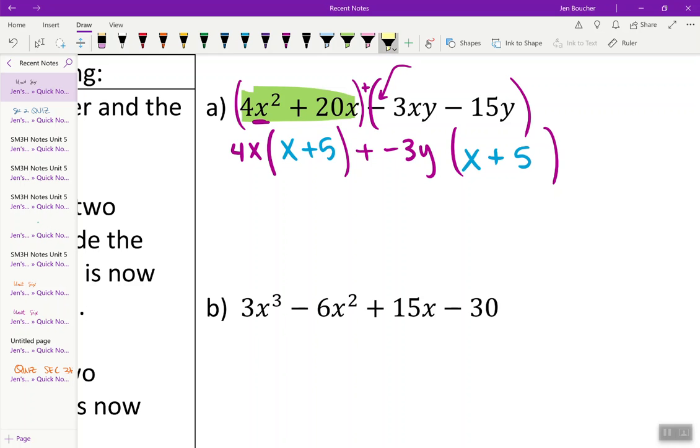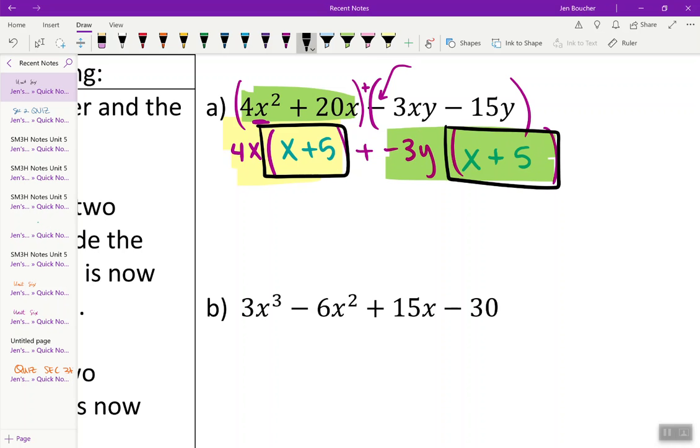What we have here is we have 1 term right here and 1 term right here. This now, it kind of looks funny, but this now has become a 2-term polynomial. In each of those terms, do you see that they both have this x plus 5?